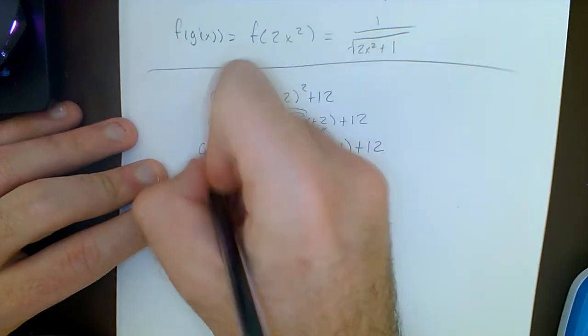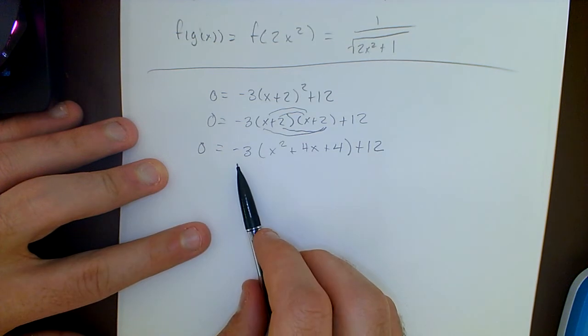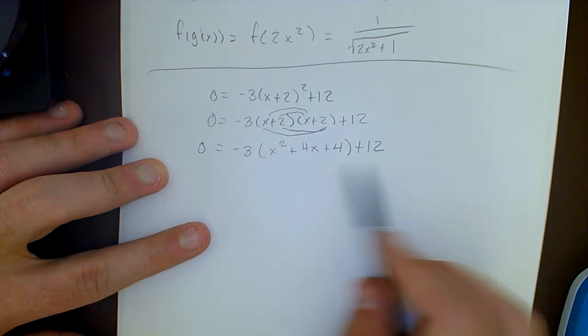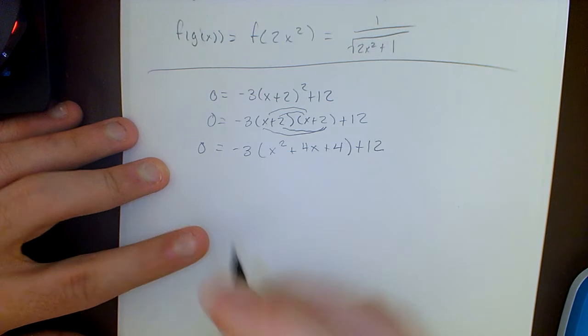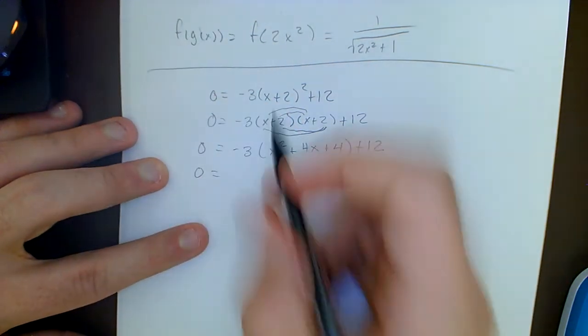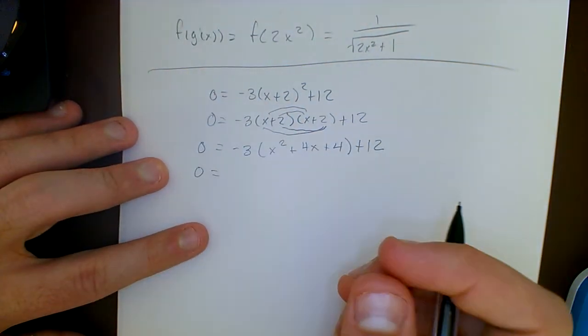Okay, so 0. So instead of multiplying this 3 out, I'm just going to factor out a negative 3 from this 12 too, so I don't have to deal with that. So this is 0 equals, I mean, you can do it that way certainly too, and then divide everything by negative 3. That's also fine.